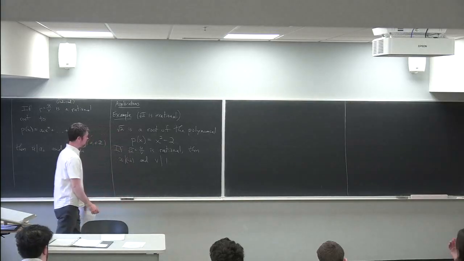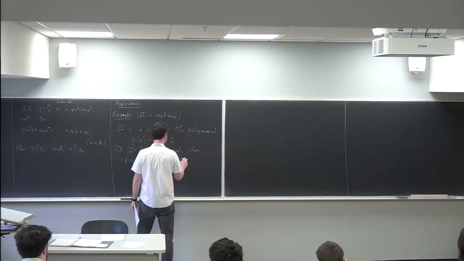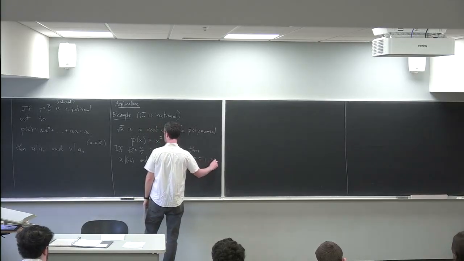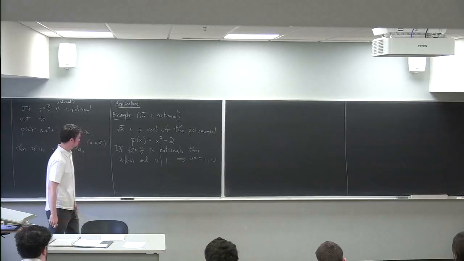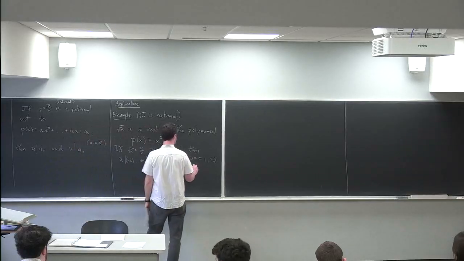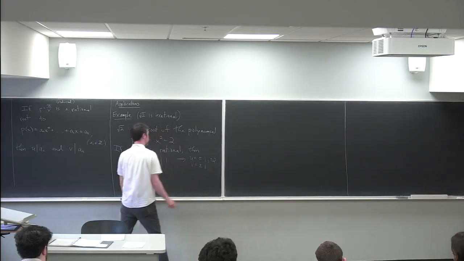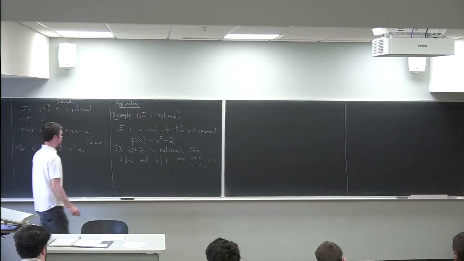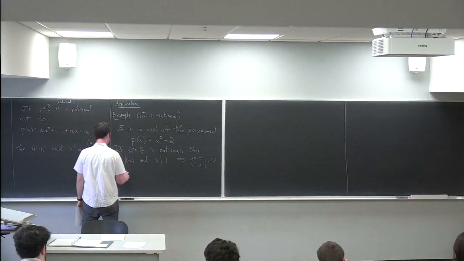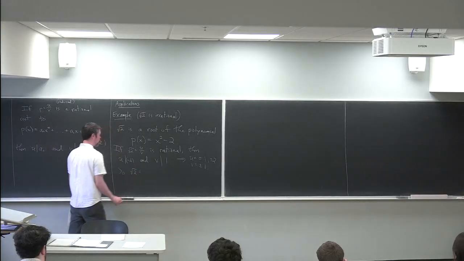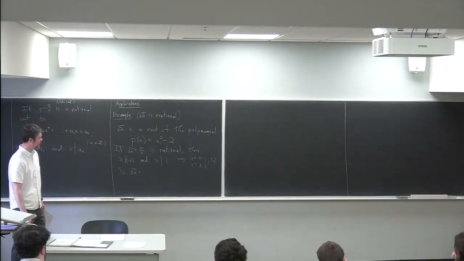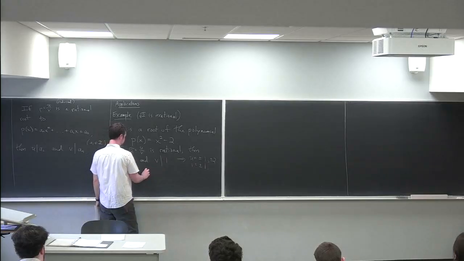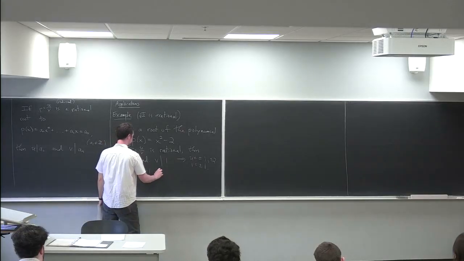So what this tells you is that u would have to be plus or minus 1 or plus or minus 2. Those are the only divisors of -2. But v would have to be plus or minus 1. So the only possibilities for the square root of 2 would be one of those u's over one of those v's, which amounts to plus or minus 1 or plus or minus 2.